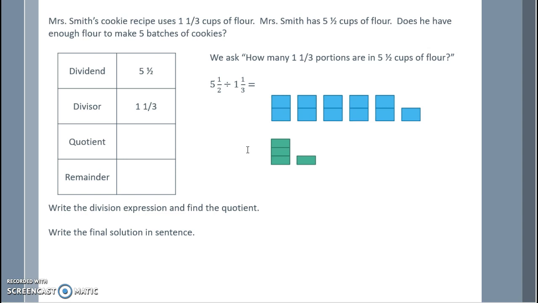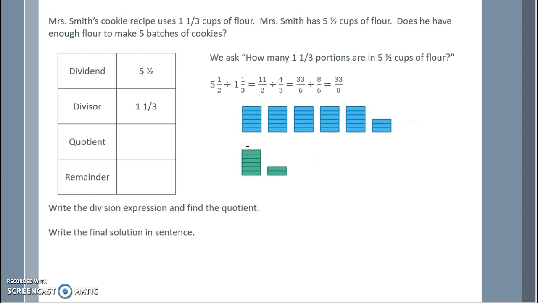We do not have the same denominator, so I will break the thirds. First I have 11/2, and second I have 4 copies of 1/3. Now we'll break them into sixths. With common denominators, I have 33 sixths of flour and 8 sixths of portioning out.